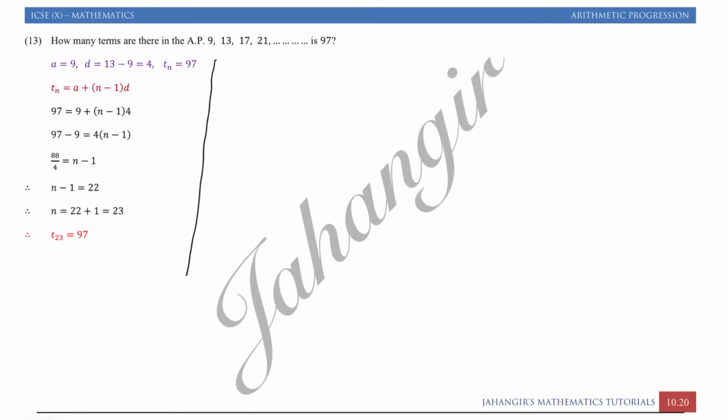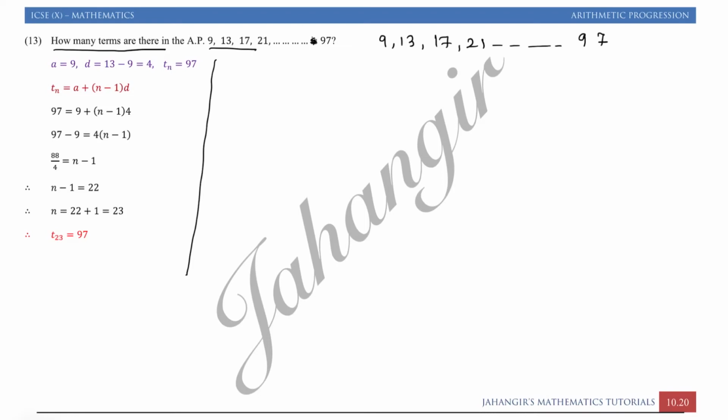Question number 13. How many terms are there in AP? AP is 9, 13, 17, 21 dot dot dot till 97. How many terms are there in AP?